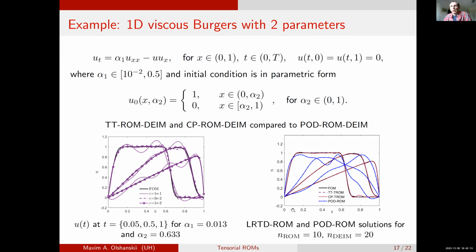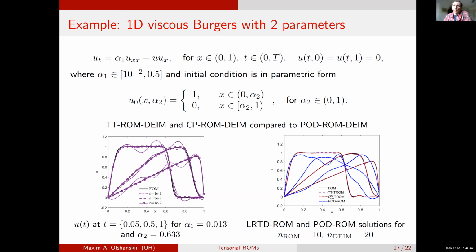Again, for example, look at this right figure, which compares the full solution with TT-ROM, CP-ROM, and POD. With POD, we are not recovering our solution in any good way.